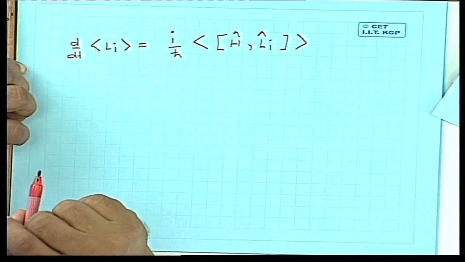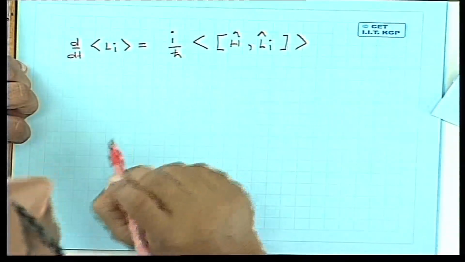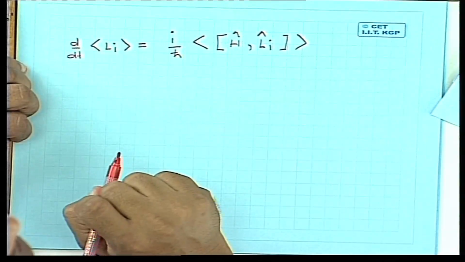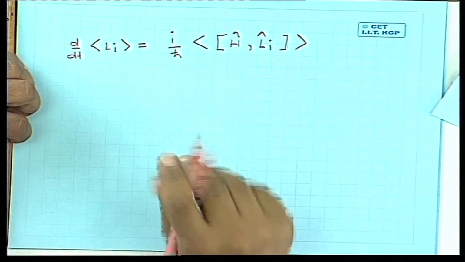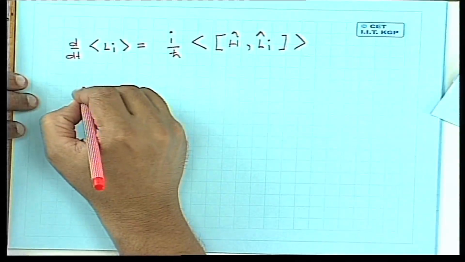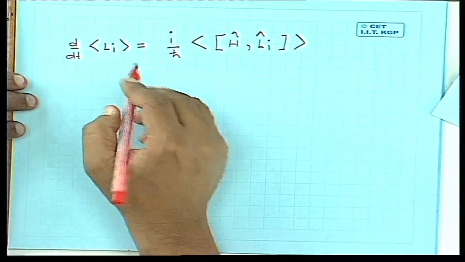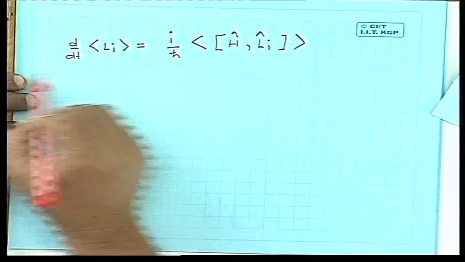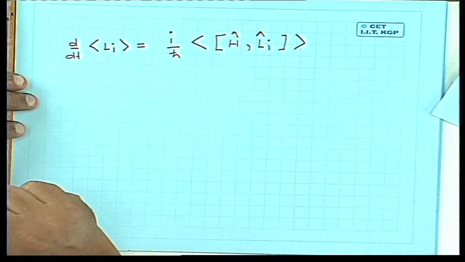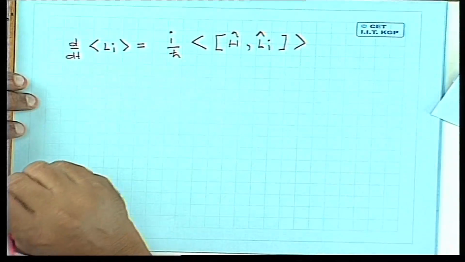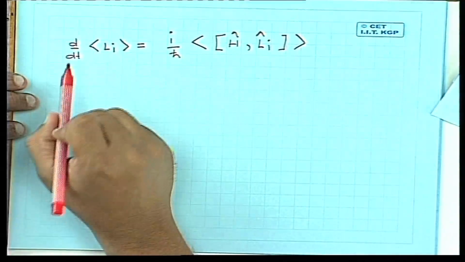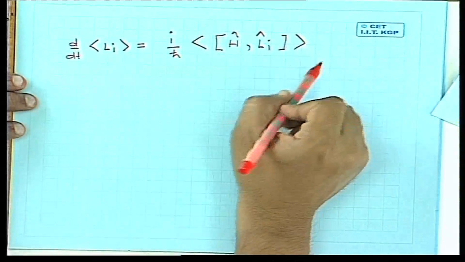Now this is very similar to the equation of motion in classical mechanics. If you have done a sufficient amount of classical mechanics, you will encounter exactly a very similar equation. This equation holds for any observable quantity, not only angular momentum; its expectation value evolves exactly in the same way.